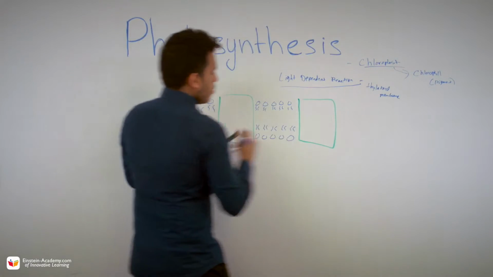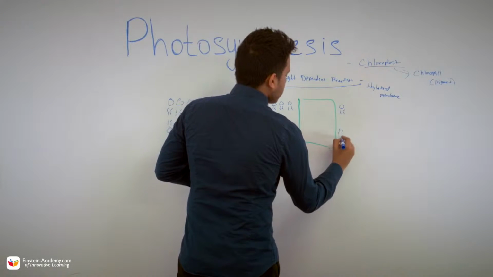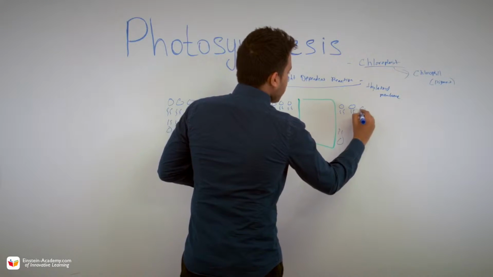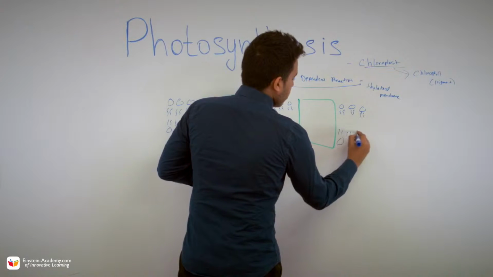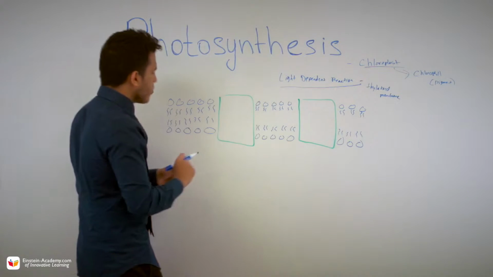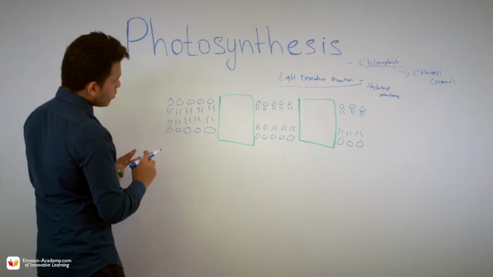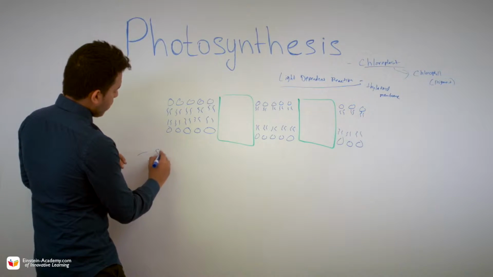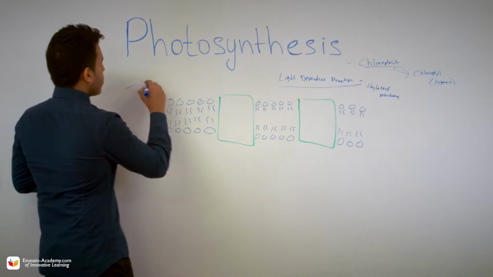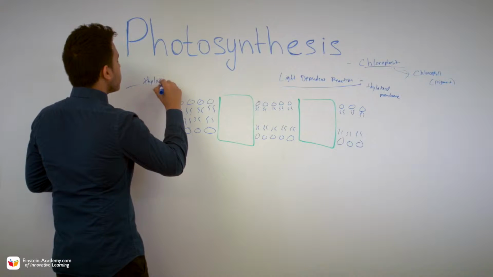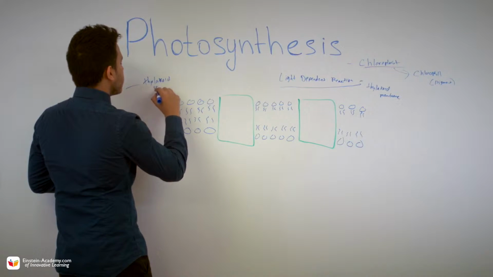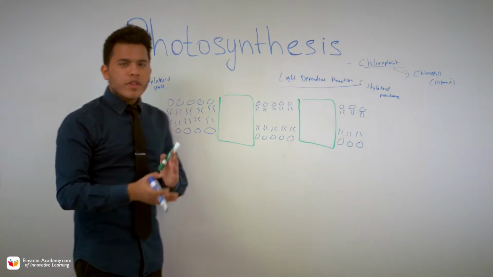Okay, so let's see what starts to happen. I'm giving you a very short, very simple diagram. Let's pretend that this right here is my stroma. This right here is my thylakoid space.